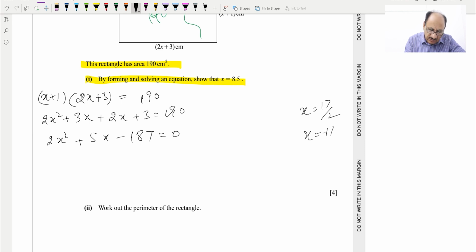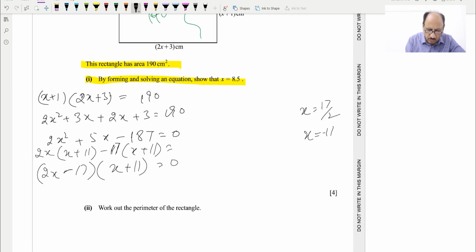So we can write here 2x minus 17 and x plus 11 is equal to 0, and we can write the intermediate step 2x into x plus 11 and minus 17 into x plus 11 is equal to 0.